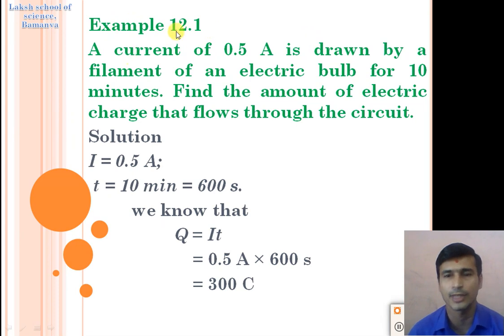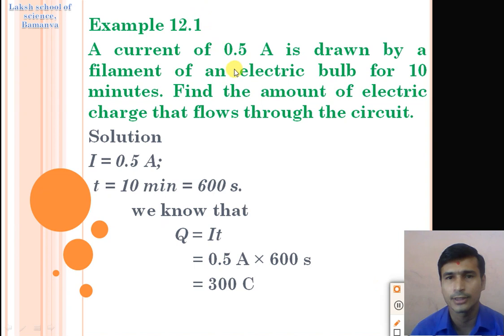The problem is: a current of 0.5 ampere is drawn by a filament of an electric bulb for 10 minutes. Find the amount of electric charge that flows through the circuit.